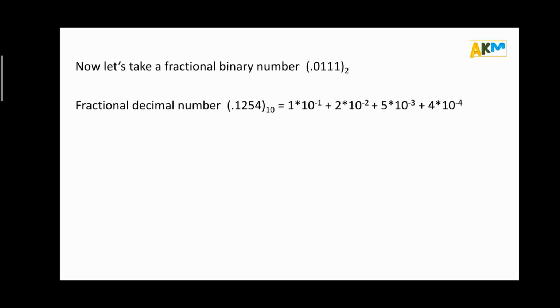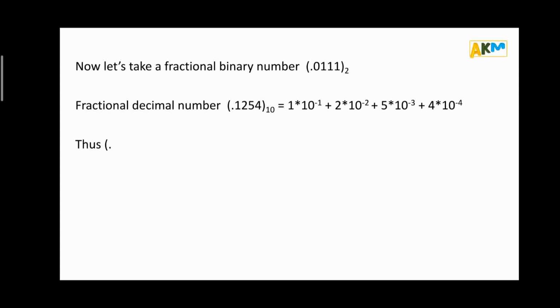So we'll convert like this: 1 multiplied by 10 power minus 1 plus 2 multiplied by 10 power minus 2 plus 5 multiplied by 10 power minus 3 plus 4 multiplied by 10 power minus 4. So here we get the value of this fractional decimal number by multiplying the corresponding digits with negative power of 10. So you can easily guess how to convert a fractional binary number to decimal number.